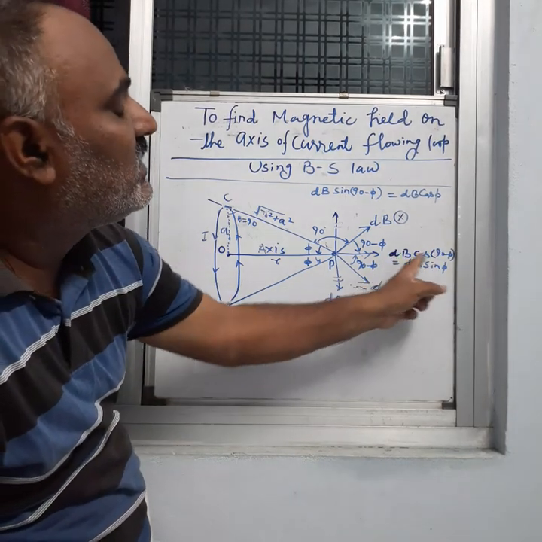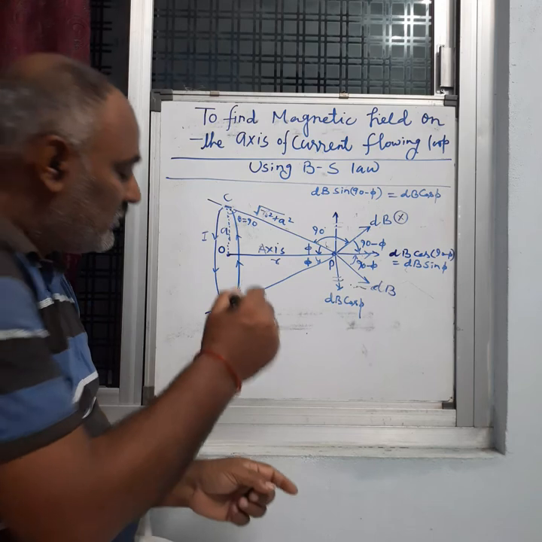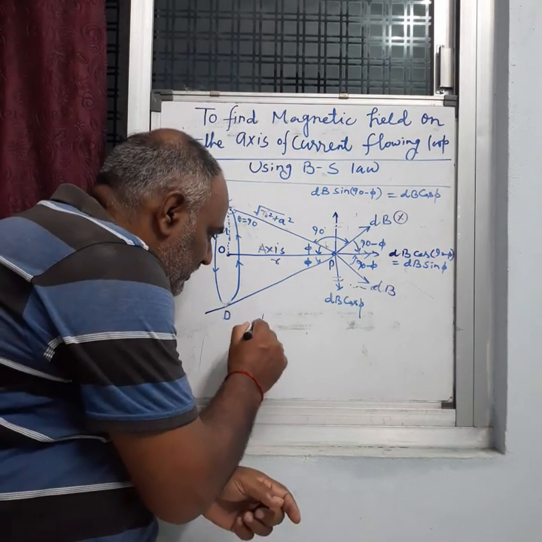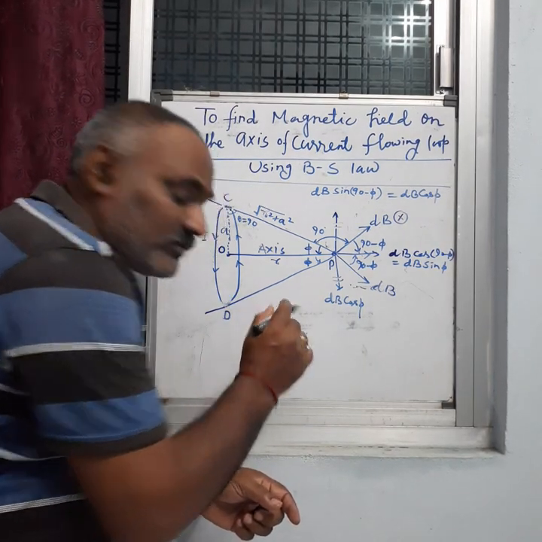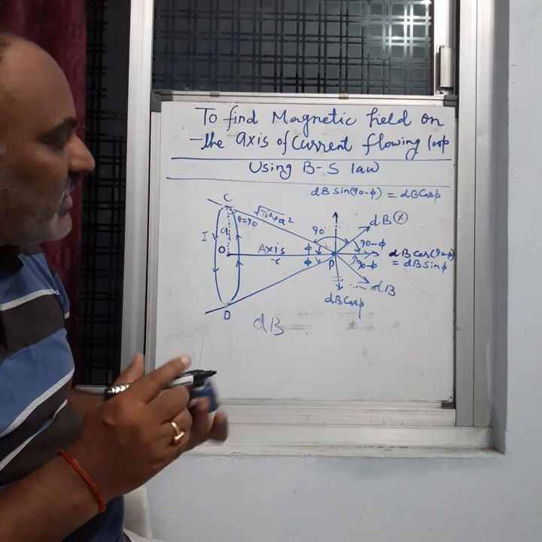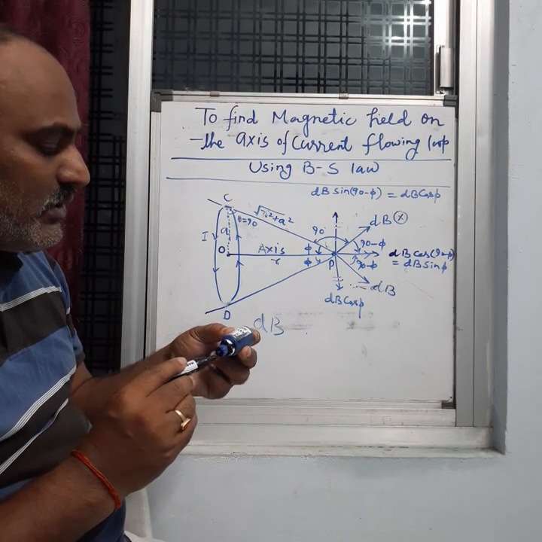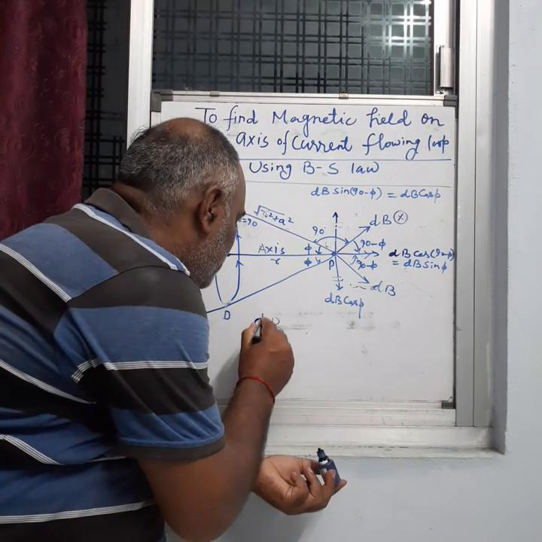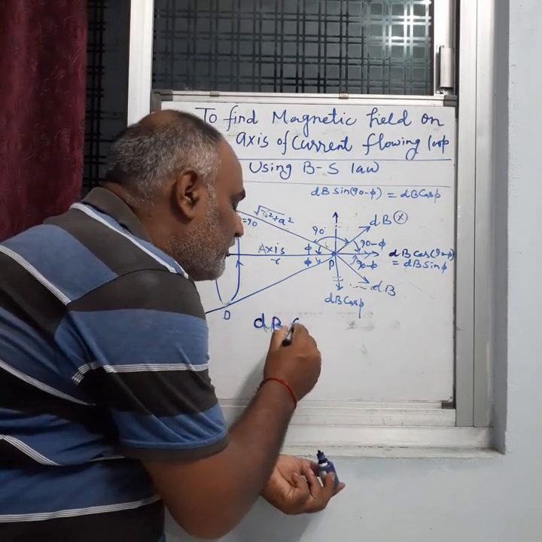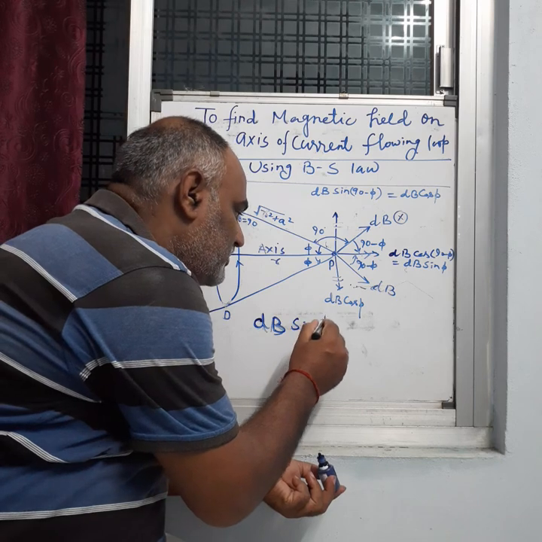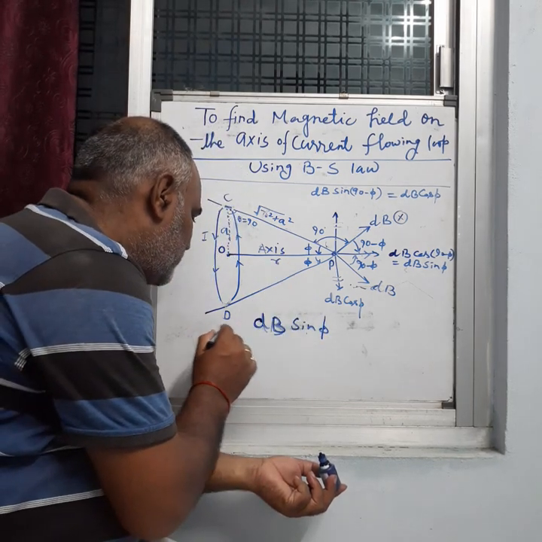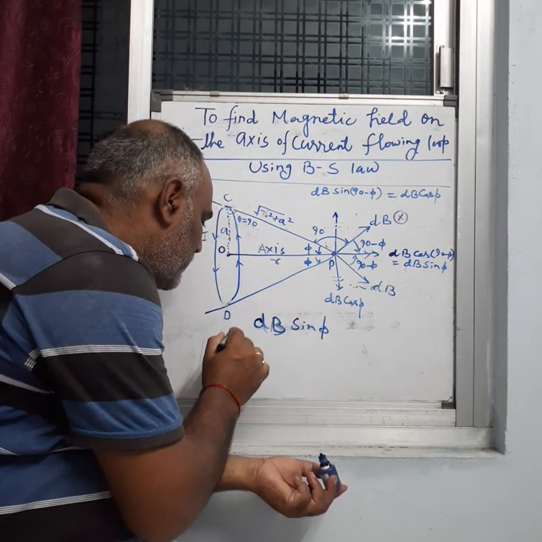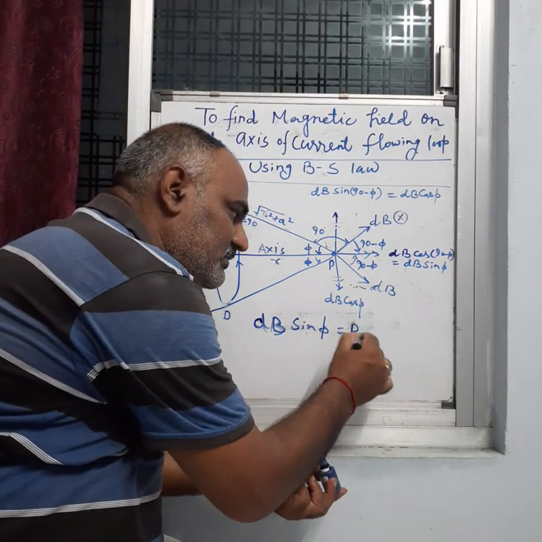Which will be in the resultant? The dB cos of 90 minus phi component, that is dB sin phi, will be the resultant. This component only will give the resultant.